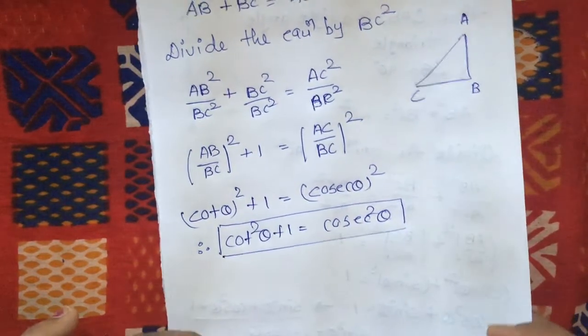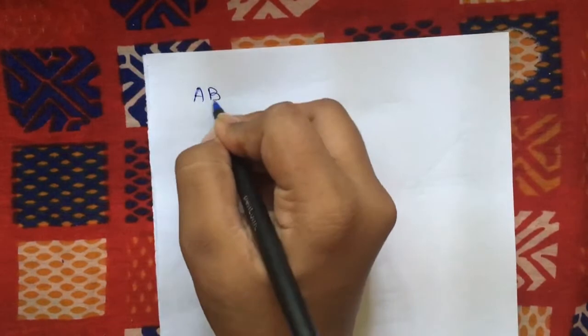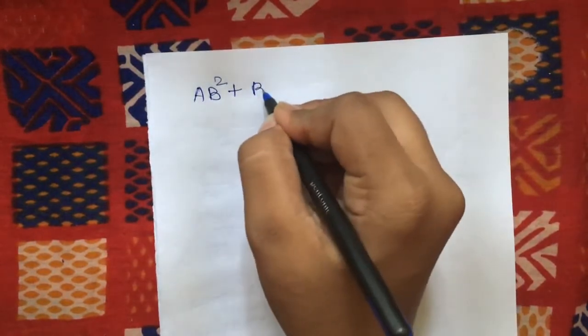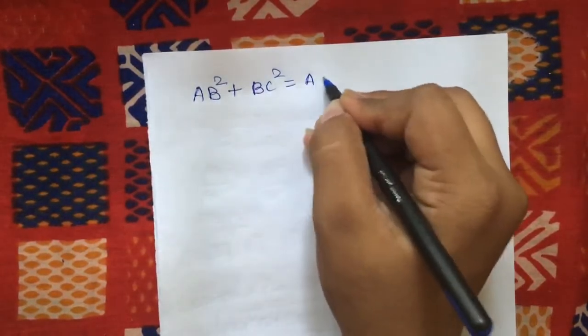Now again take the Pythagoras form, that is AB square plus BC square is equal to AC square.